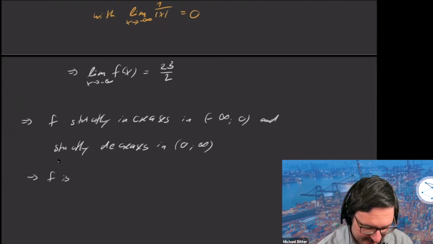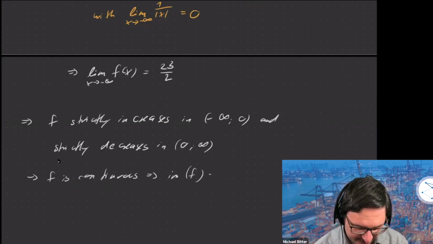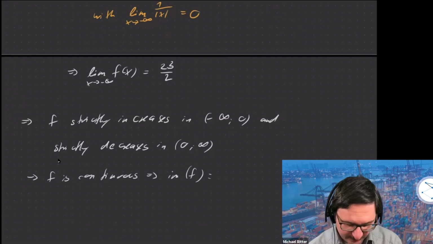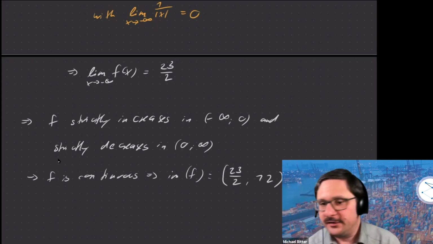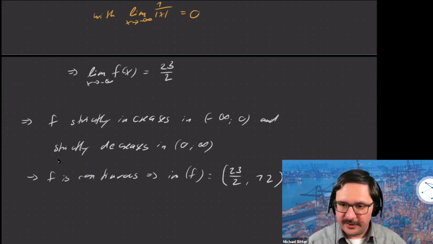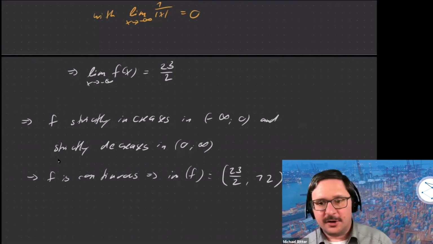And as f is continuous, that means the image of f is the interval from 23 over 2 to 12, both excluded, of course, because the 12 is also never reached. That's only in the extension. So this is the image of the function f.